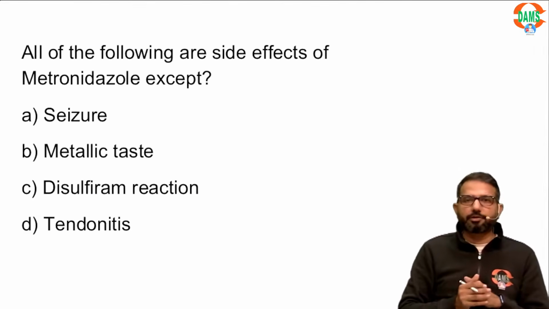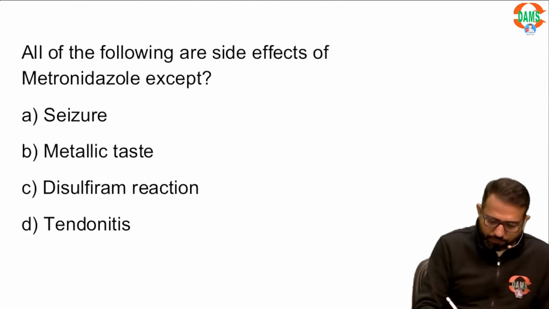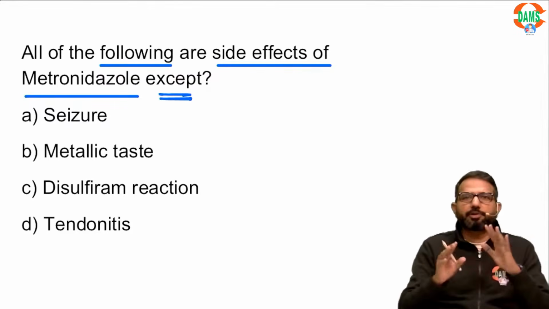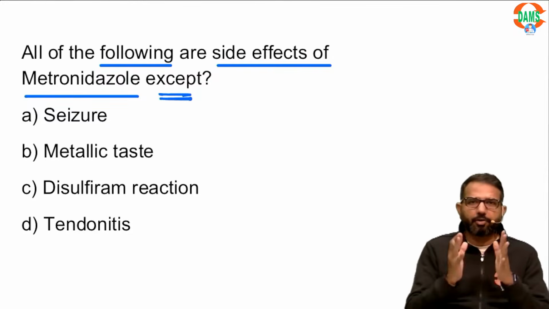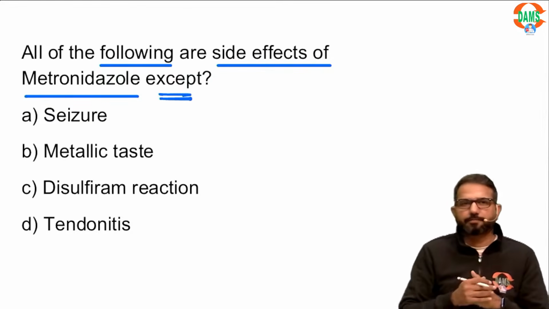Next question is from adverse effects. All of the following are side effects of metronidazole except: metronidazole is a commonly used drug for anaerobic infection, and anti-protozoal, as in amoebiasis.